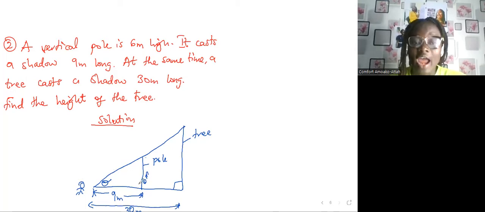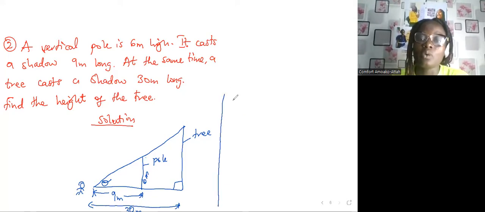So how do you find the height of the pole? As we did for the first example, that is how we are going to solve for this as well. So picking this right angle triangle out, this angle theta is directly opposite to this side and adjacent to this side.